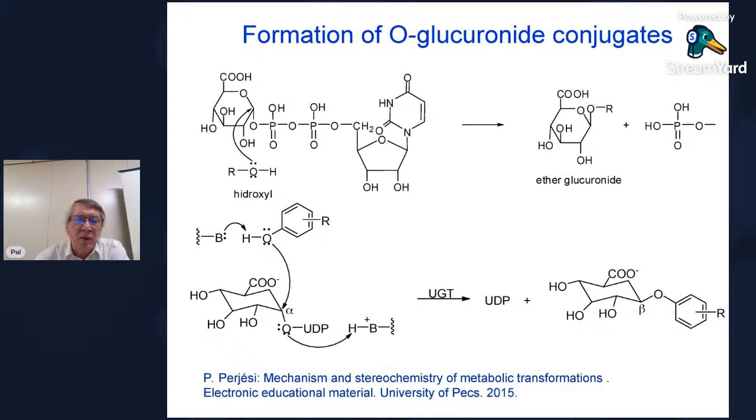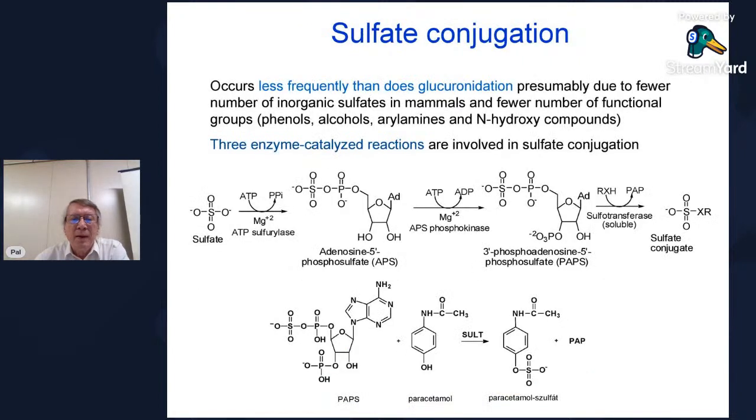So this is a nucleophilic substitution reaction in which the configuration of the carbon of the glucuronic acid changes from alpha configuration to beta configuration.